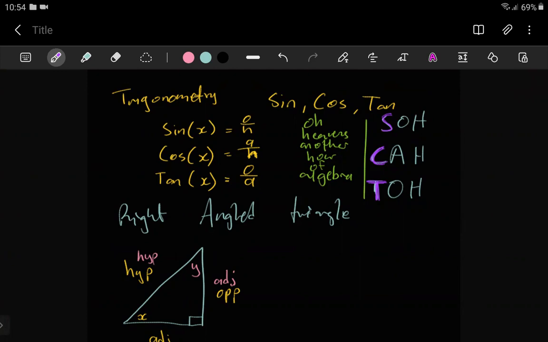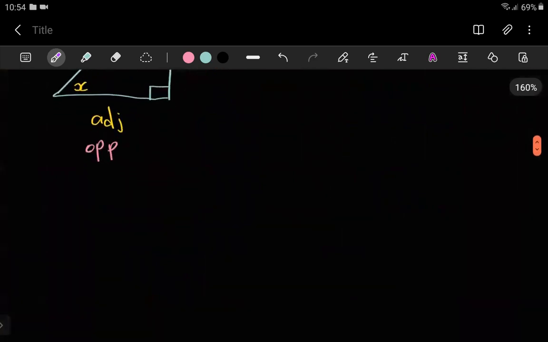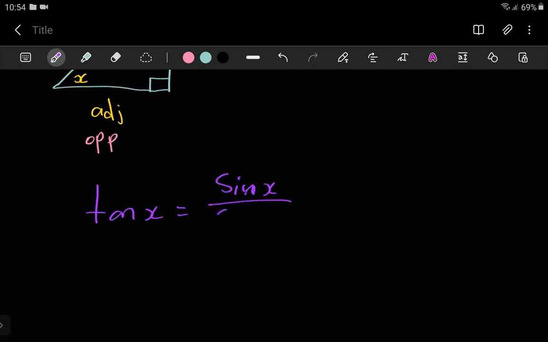Now, with this being said, what we do need to recognize is that with trigonometry there are other formulas for different things that we need to know. One of the things we need to know is that tan x is the same as sine x over cos x.